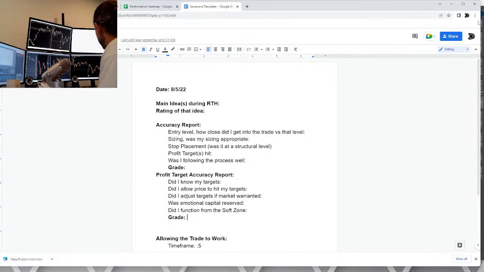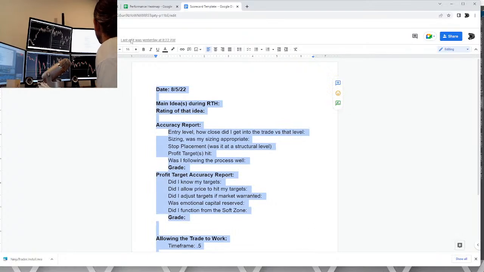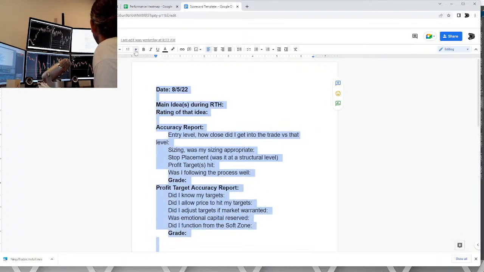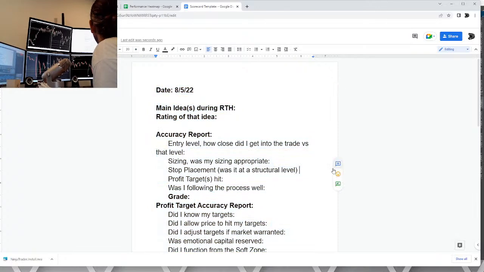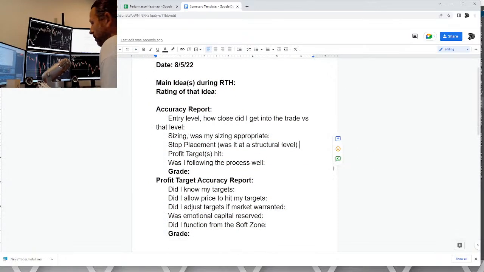This is something, let me do a Control A here, that you could use with every trade that you take. So for me, especially if I'm doing 0 to 2 trades a day, maybe 3, but I think 0 to 2 is a good number, this is something that I could very easily enter some data into.